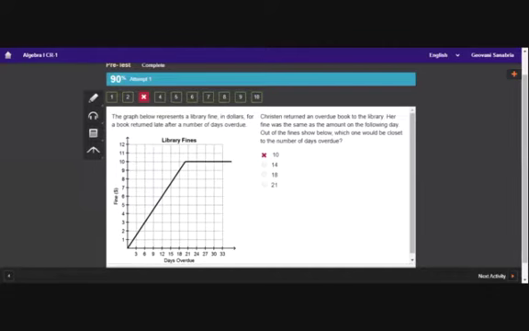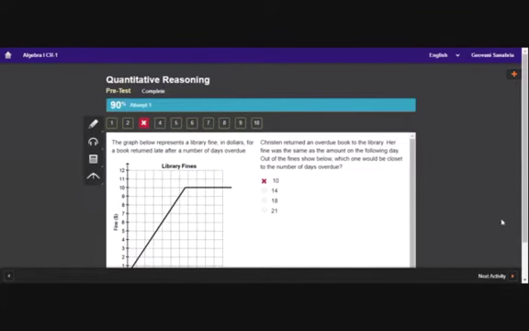Out of the fines shown below, it was saying all of those numbers were fines. Which one would be the closest to the number of days? That's confusing. Yeah, that's why they try to get you. The number of days would have been 21, because on day 21 the next day still has a fine of 10. Out of the fines shown, which one would be the closest number?